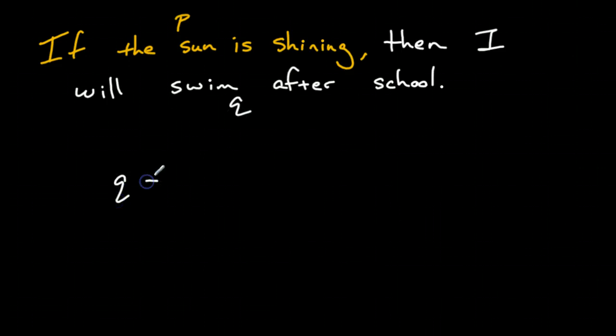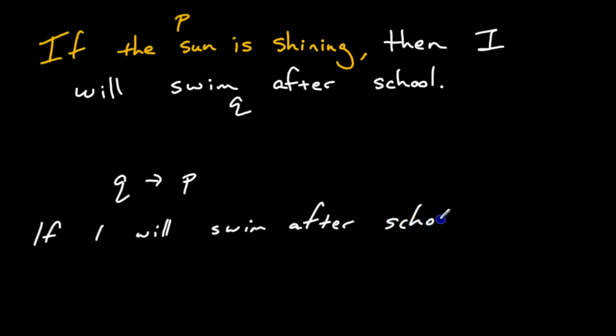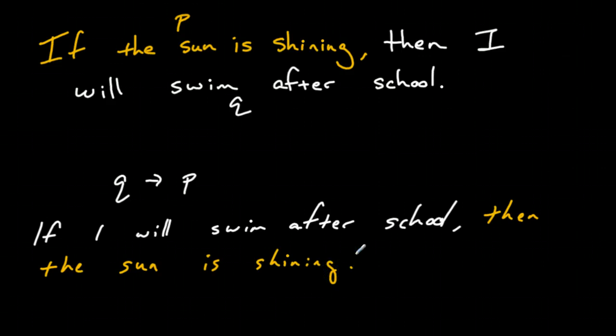Instead of writing it if P then Q, we want to write it as if Q then P. So if I will swim after school, then the sun is shining. Again, we're writing the converse of that statement, and all you do is switch the hypothesis and the conclusion.